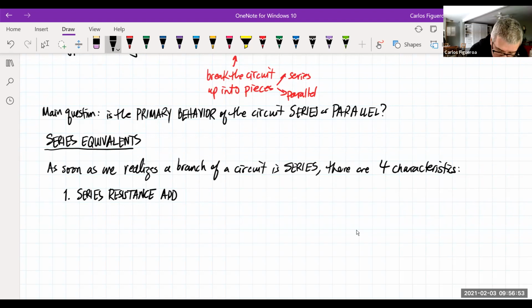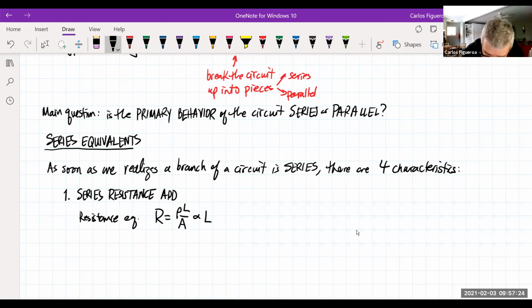Well, when you look at the resistance equation, it tells you that the resistance is the resistivity multiplied by the length divided by the area. And what you're seeing here is that when you add resistors in series, you are increasing in length.